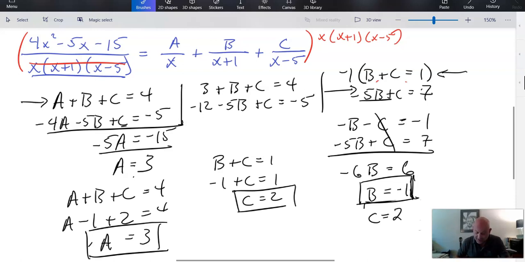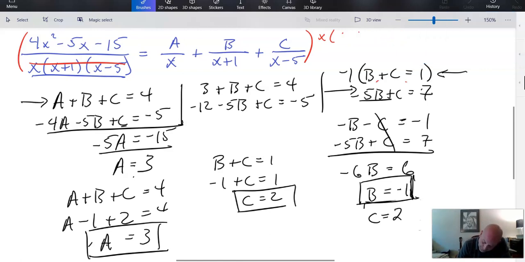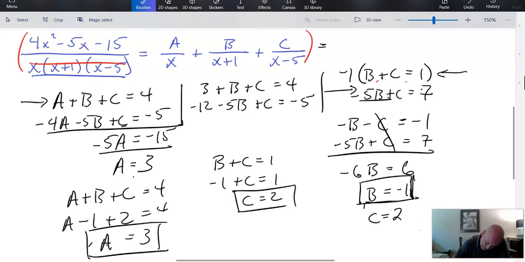So all we have to do now is put them in here. So what that means is that my final answer is this. So A is 3, so this is 3 over x plus, and then let's see, B is 2.